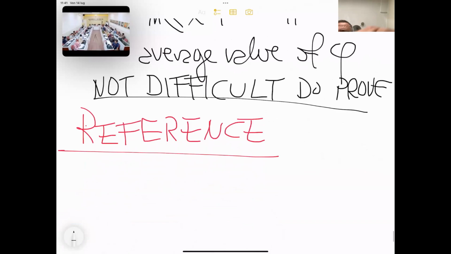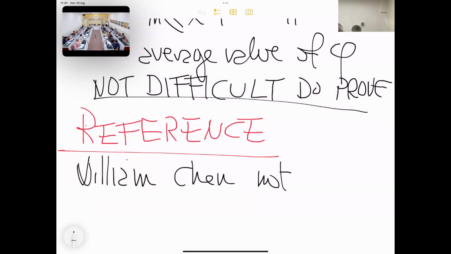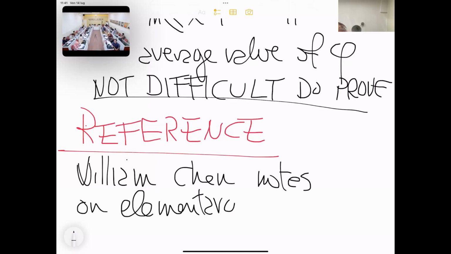On the web, these are William Chen's notes on elementary number theory.